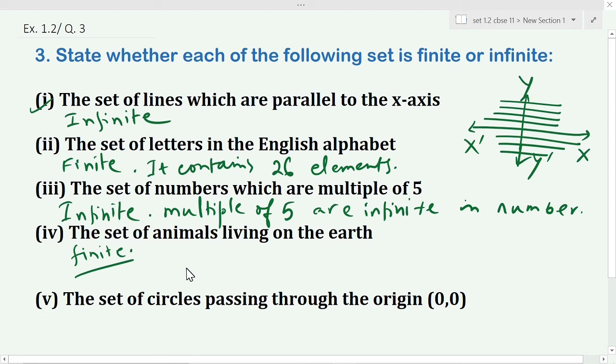Okay, now question number 5, the set of circles passing through the origin. So this is the origin. One circle, two circles, three circles, you can draw infinite numbers of circles.